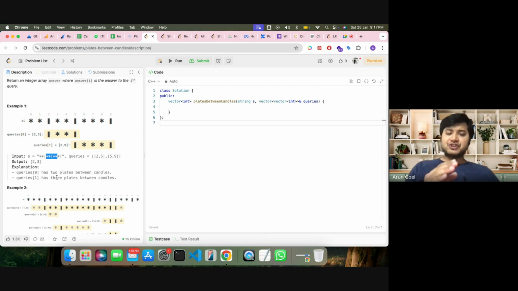So for the leftmost candle, I have to find the index. Same goes for the rightmost candle, I have to find its index also. Don't you think we would be able to do so by the binary search algorithm?